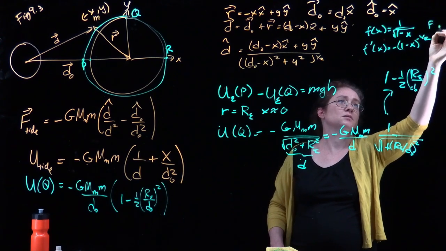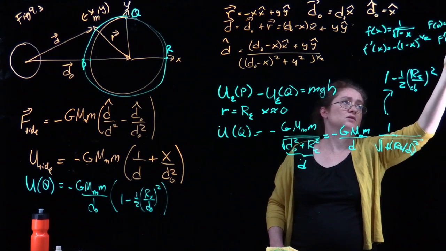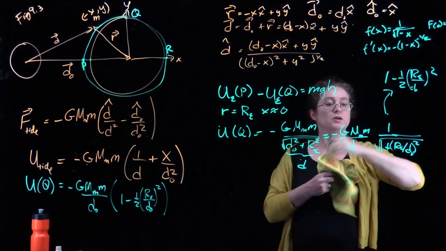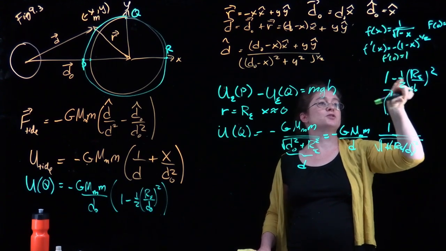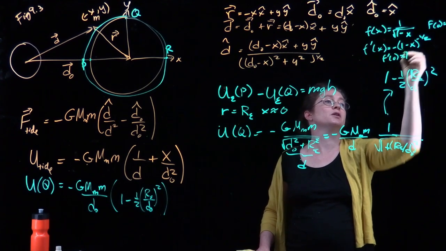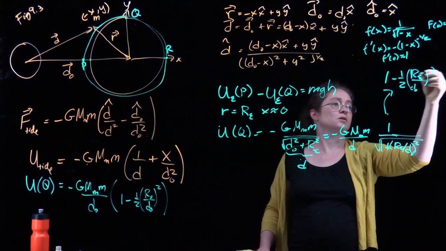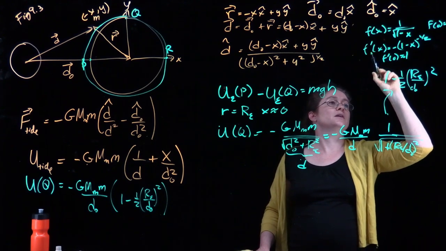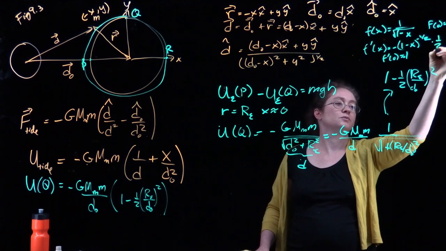So at 0, this is 1. At 0, this is also 1. So when we take the Taylor series, this is 1 minus negative 1 times x, minus x, and then times 1/2. I dropped my 1/2 here.